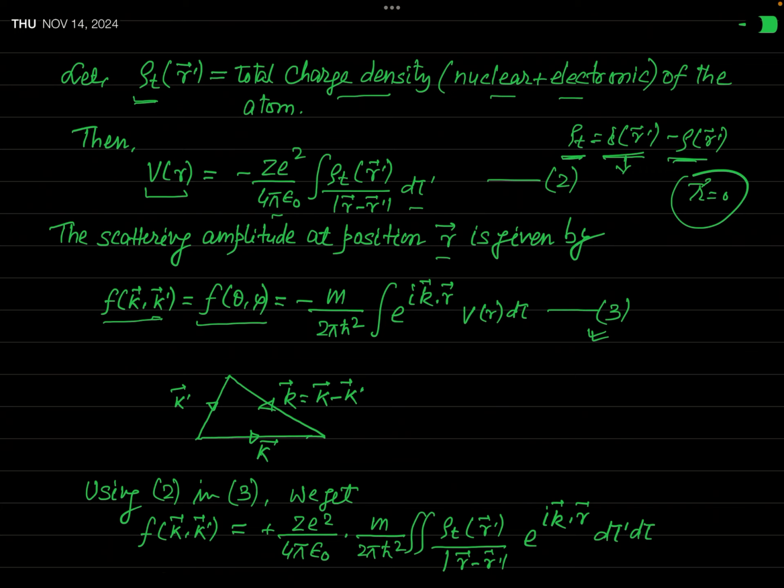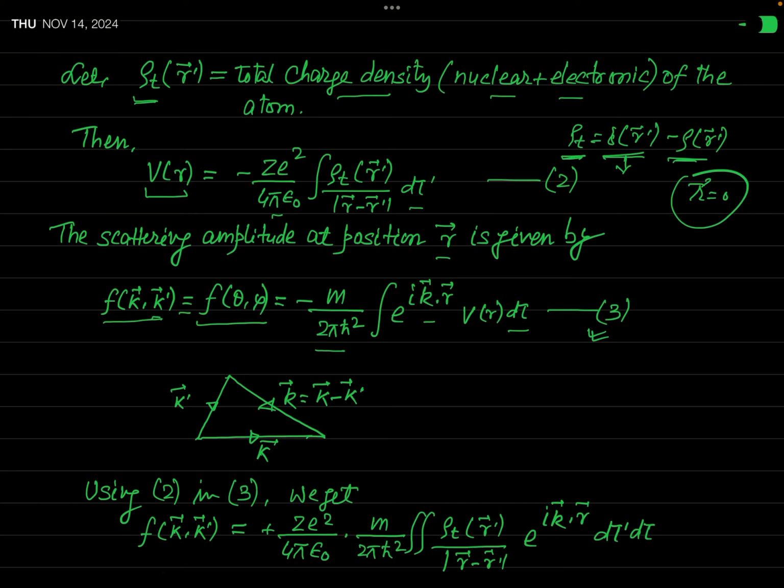This is equivalent to f of theta comma phi. This is called the scattering amplitude, and you have learnt in the lecture on Born approximation that it is given by minus m over 2 pi h bar square integral of e to the power i kappa dot r times V of r d tau.